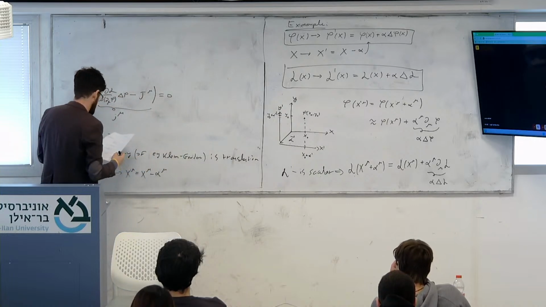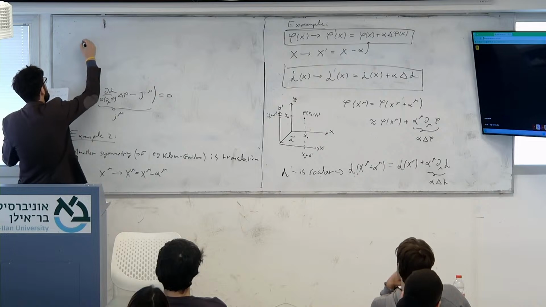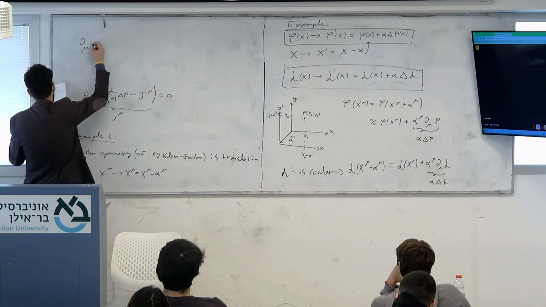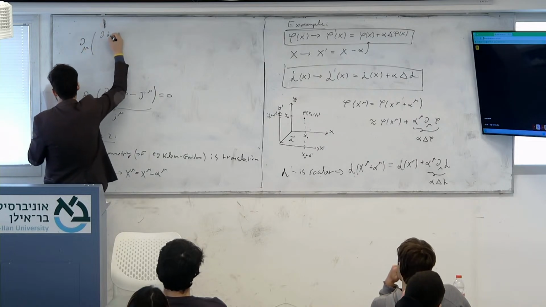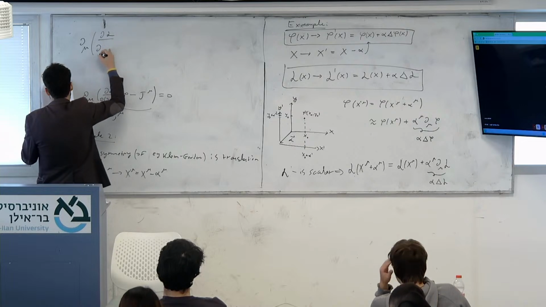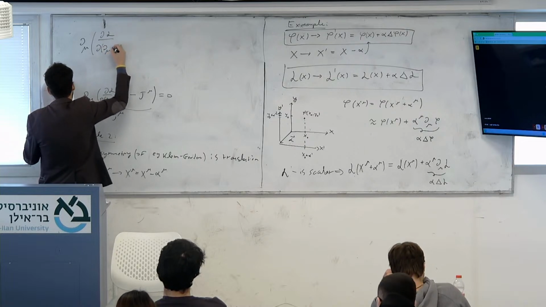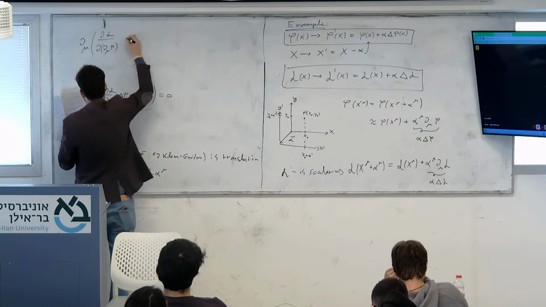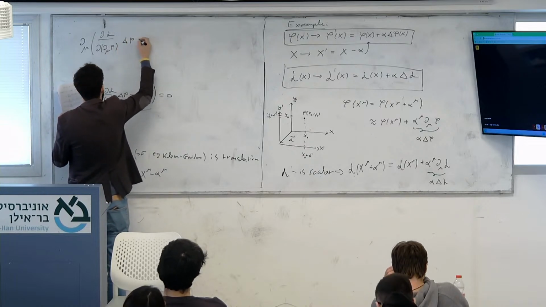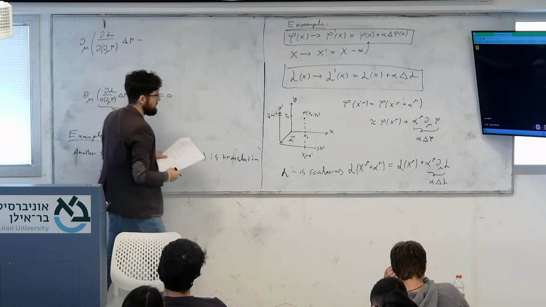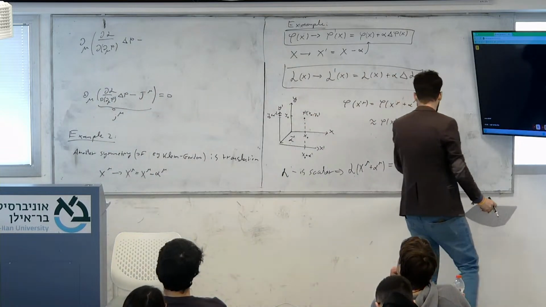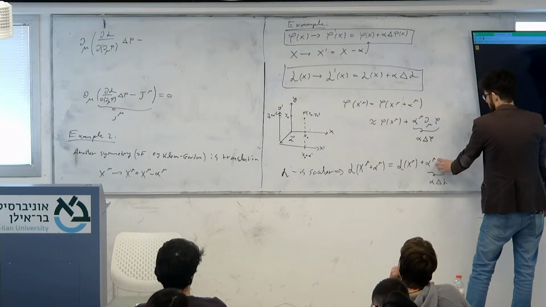Okay, so we say that ∂_μ of ∂L/∂(∂_μ φ) times this δφ minus... and you see very nicely now that this thing is our current.